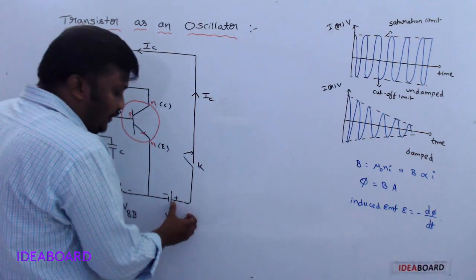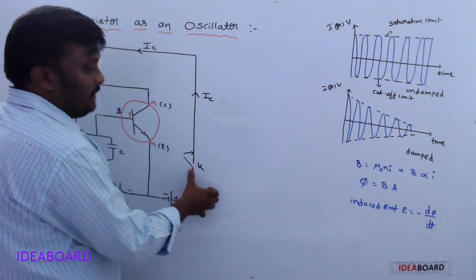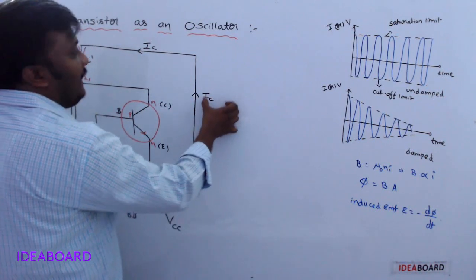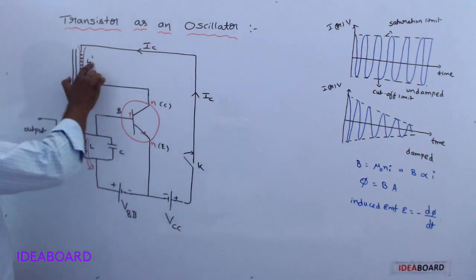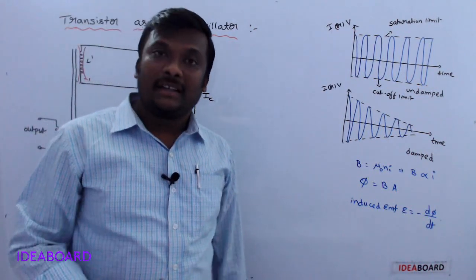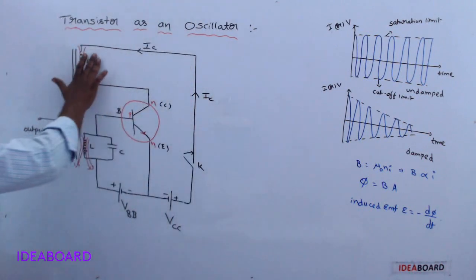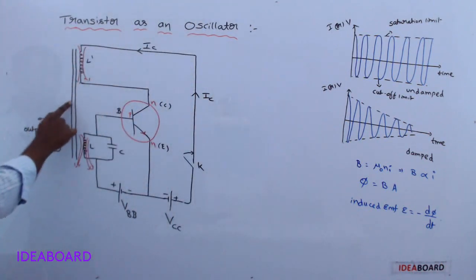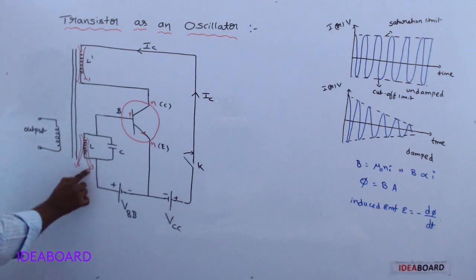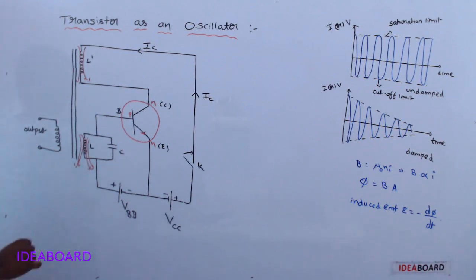From the positive terminal of VCC, when the key is pressed, collector current passes through the inductor L dash. Whenever current passes through an inductor, it creates a magnetic field. This magnetic field, due to mutual inductance, changes the flux in coil L.